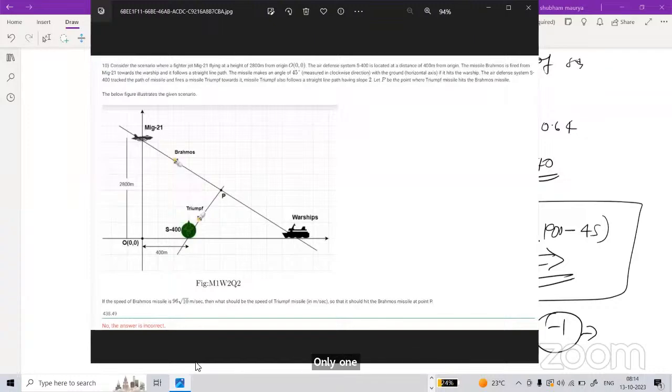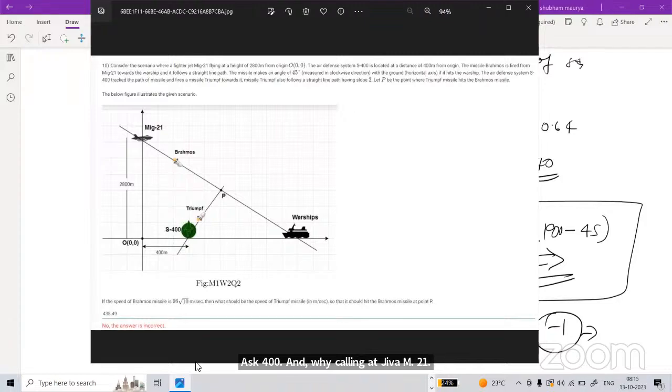See, this is given, but it is not certain. The missile path is a straight line from the 400 meter point, and the other point is (0, 2800).